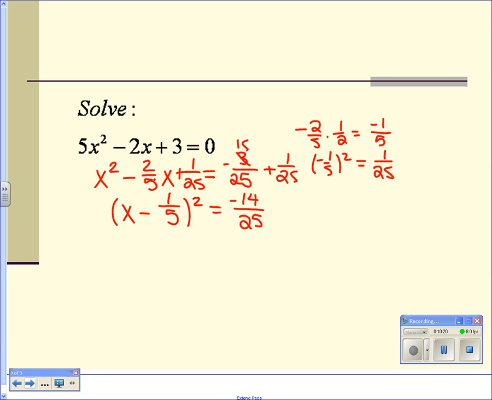Do you agree with that part? Any questions so far? I haven't gotten there yet.